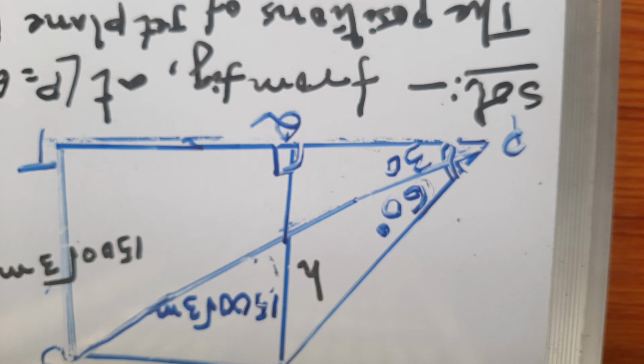Next, constant height, and what is the horizontal line?